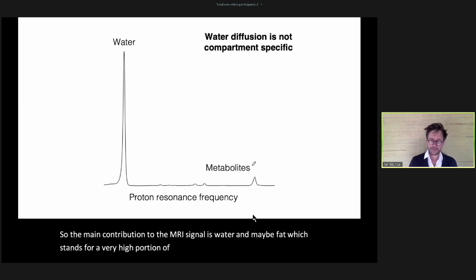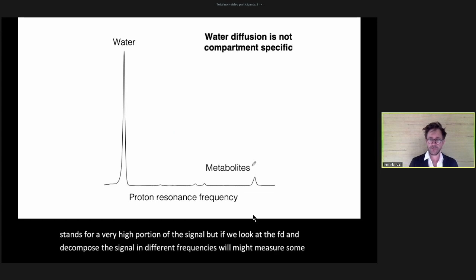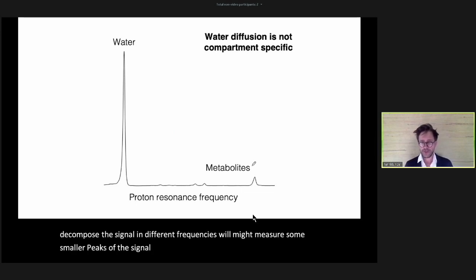But if we look at the FID and decompose the signal into different frequencies, we might measure some smaller peaks of the signal, which correspond to other molecules or metabolites that we can also find in the tissue.